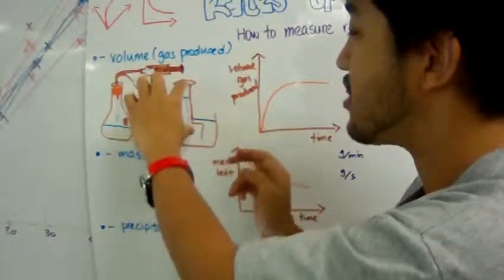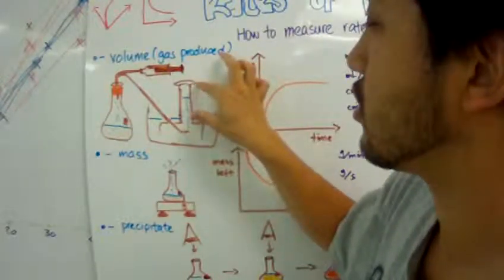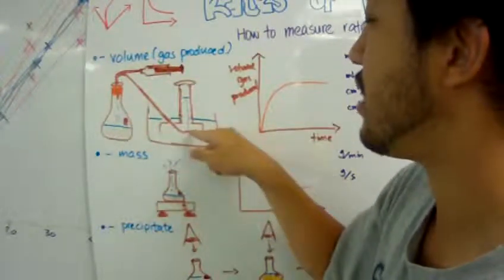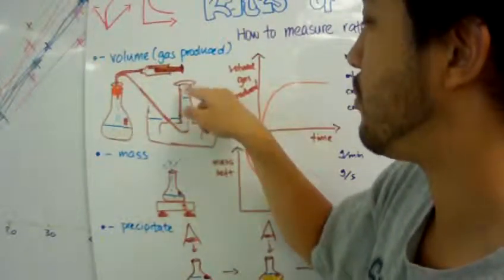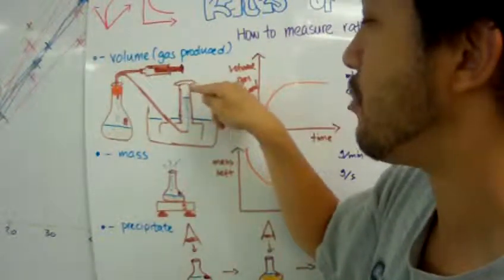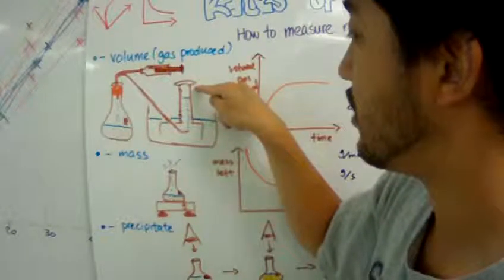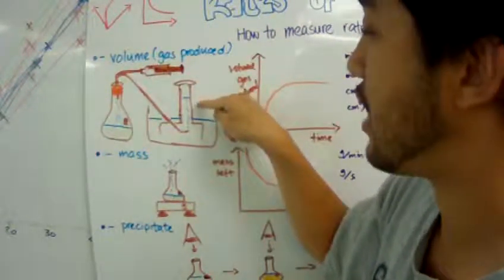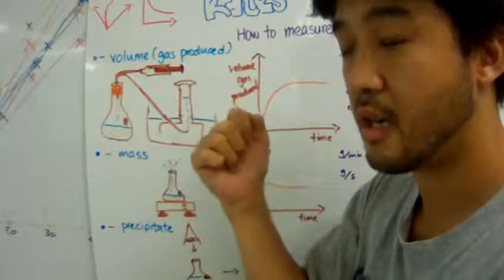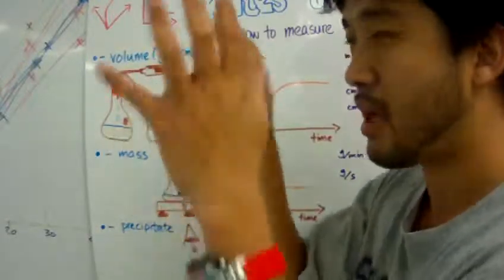The measuring cylinder is initially filled completely with water, and when the gas is collected and escapes up here, the bubbles will go all the way upwards and will displace or push the water downwards. All right, so the water level will gradually go down, and with that you can time your reaction, collect the data and plot it into a table.